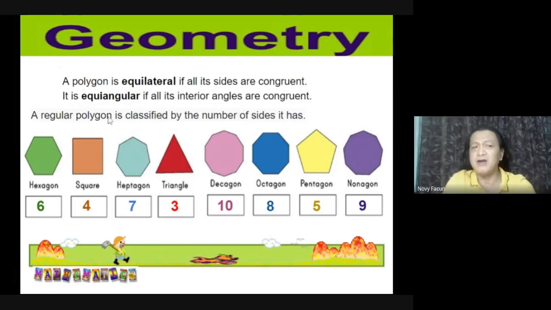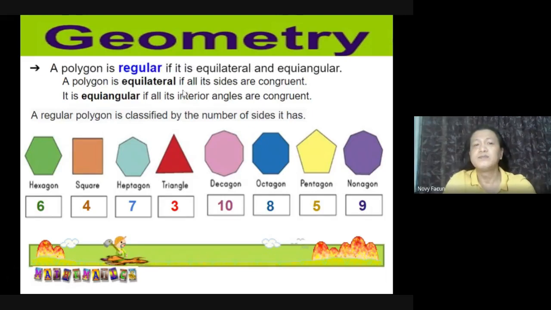Ibig sabihin niyan, ang regular polygon is both equilateral and equiangular. Ibig sabihin niyan, lahat ng regular polygon natin na nandito ay parehas yung kanilang measure ng sides at measure ng angles natin. That's why they are called regular.